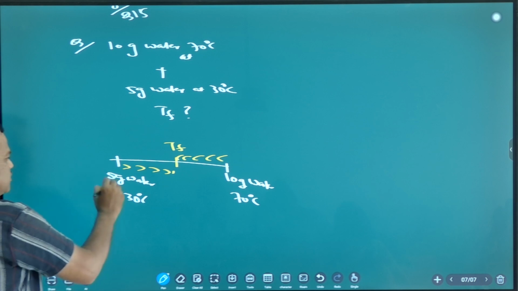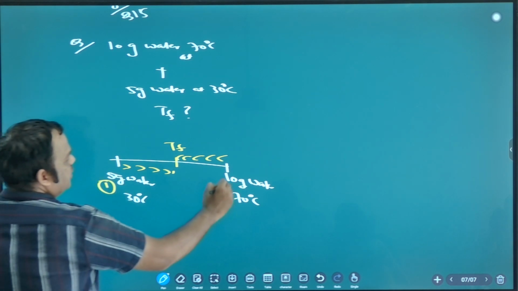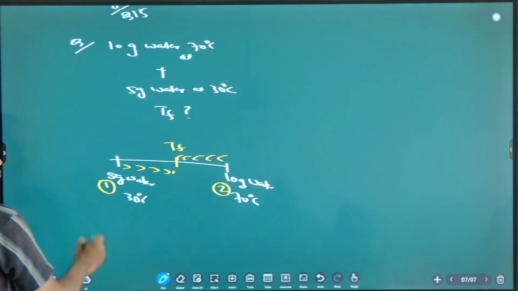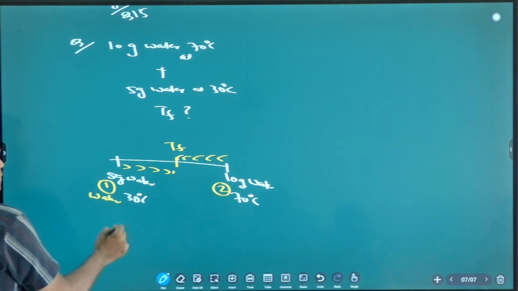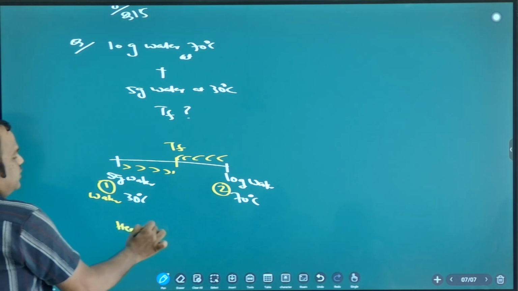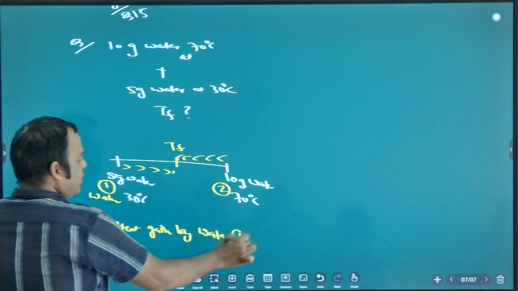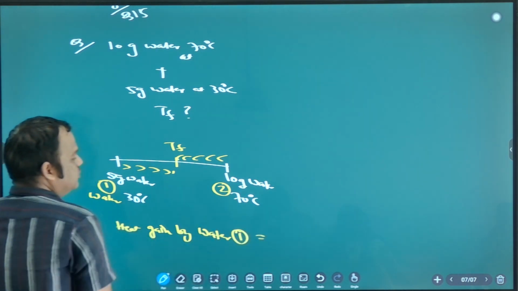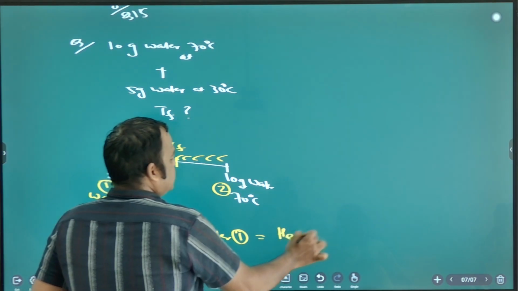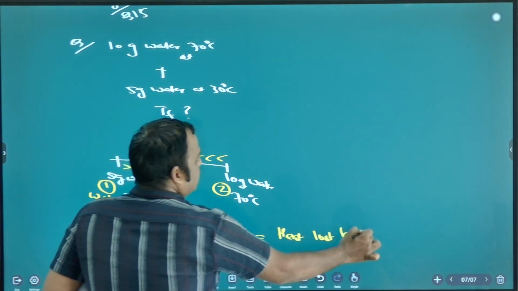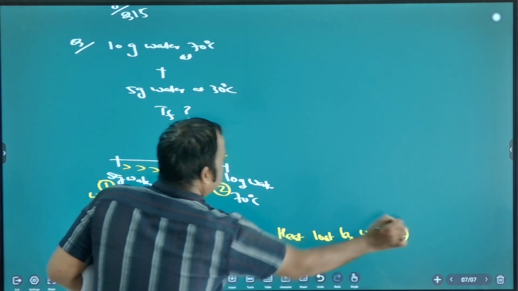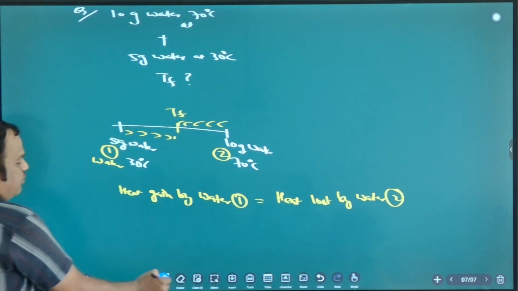Suppose this is water 1 and this is water 2. So heat gained by water 1 is equal to heat lost by water 2.